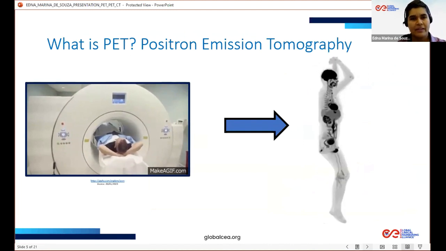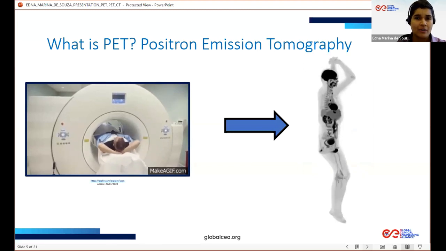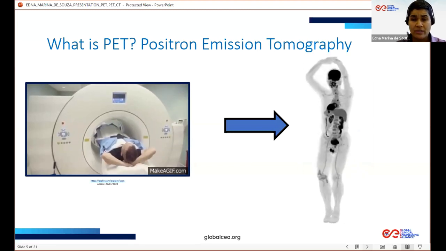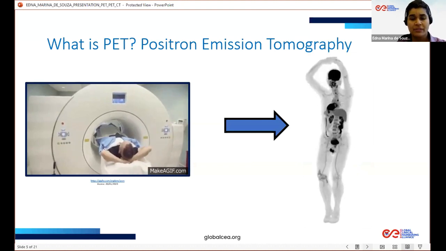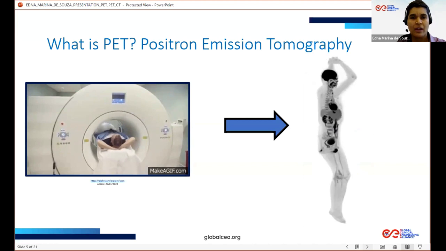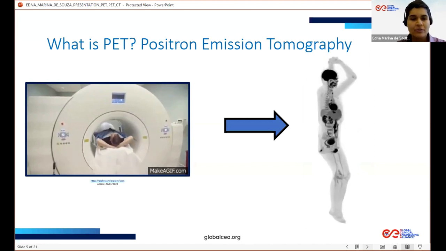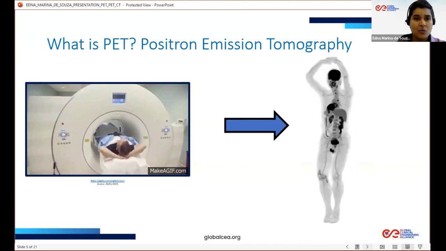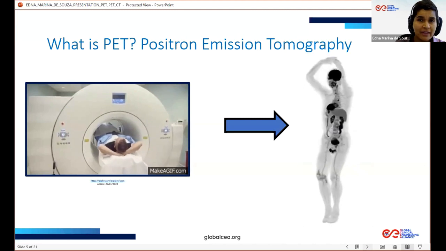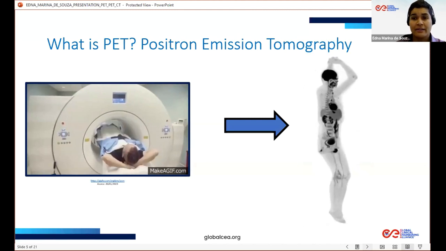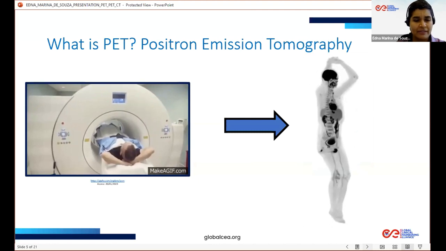In this case, the radionuclide releases a positron, a nuclear particle, which meets an electron of the medium, and both suffer a process called annihilation, from which we have, as a result, two gamma rays released in opposite directions and detected by the scanner, as I'm going to show you on our next slides.